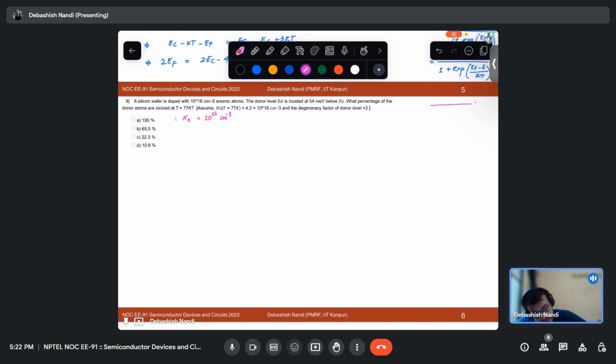So this is your Ec. This is your Ev. They are telling that this is my Ed and this value is 0.054 electron volt, right? By the way, why do I show this Ed as a dashed line and Ec and Ev as a continuous line?